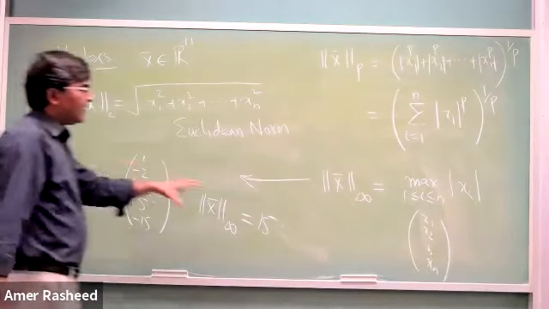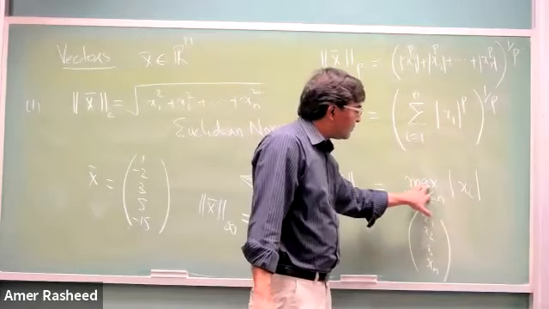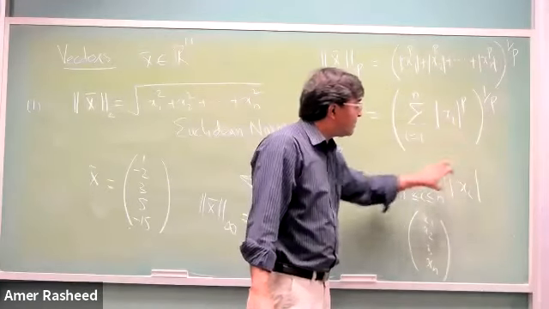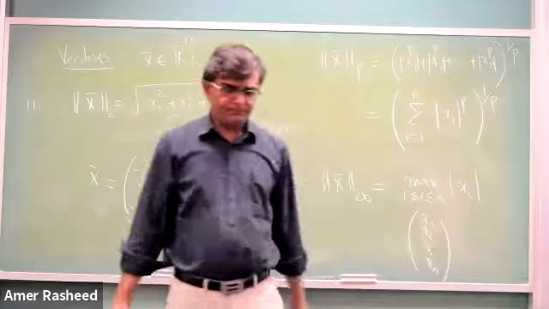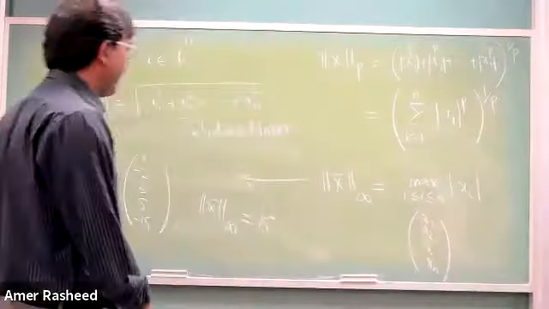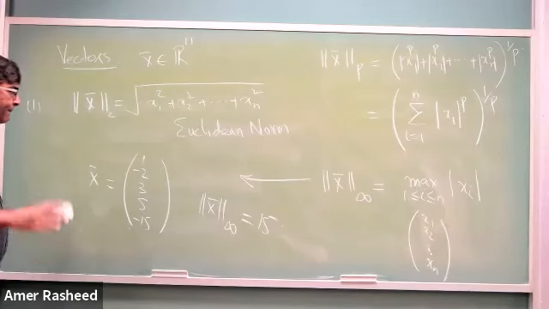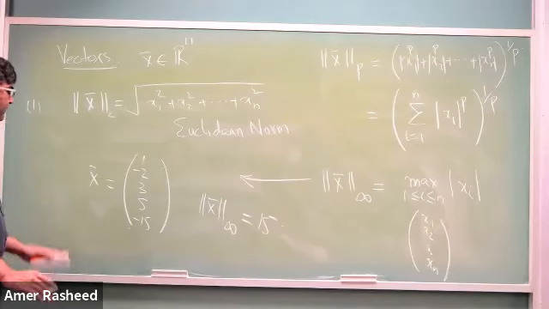You choose the absolute value of the maximum component. Okay? Yes, sir. This is how we take this norm. You got it? Any question?